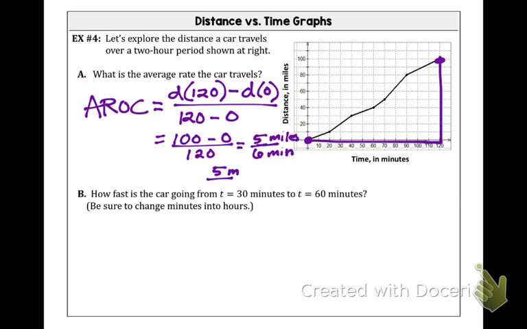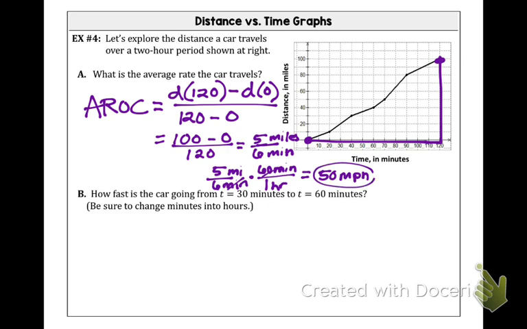So 5 miles per 6 minutes, multiply it by 60 minutes per 1 hour. So that cancels out my minutes. And I think that ends up getting us 50 miles per hour.